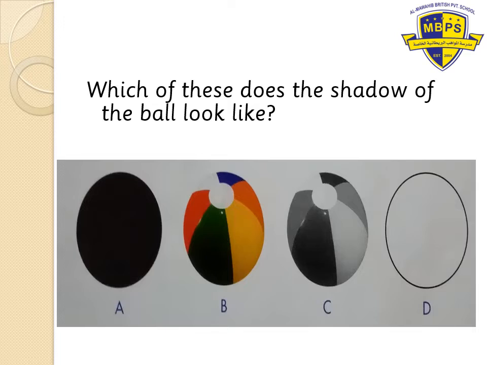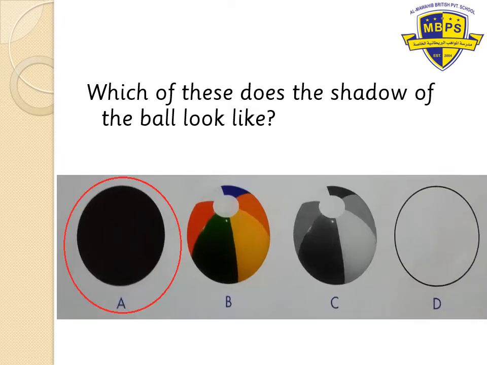Get ready for the countdown. 10, 9, 8, 7, 6, 5, 4, 3, 2, 1, 0. Good, grade 1. So the correct answer is A, the shadow should be dark without any color. Very good, grade 1.